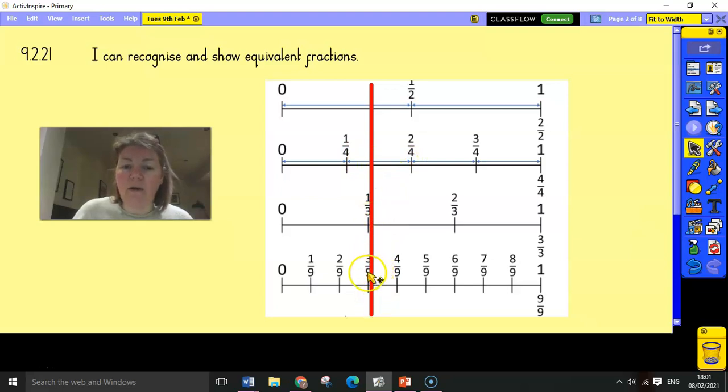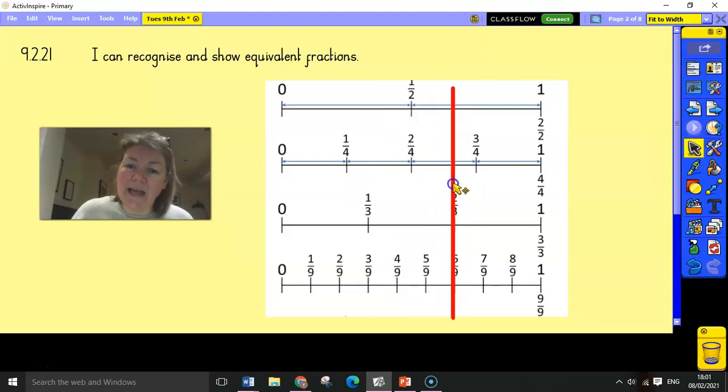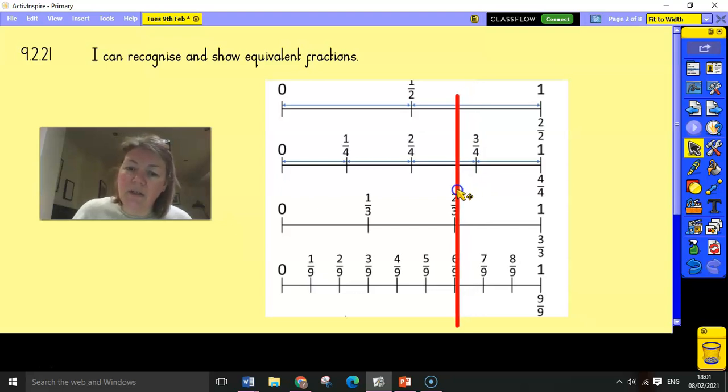But there is an equivalent fraction for ninths down here, and we can see that the equivalent fraction for 1/3 is 3/9. If I go along, I can do exactly the same with 3/4. There aren't any other equivalent fractions, and I can do the same for 2/3. And I can see that 6/9 is equivalent to 2/3.